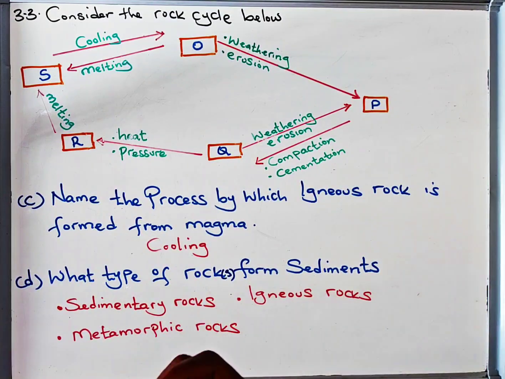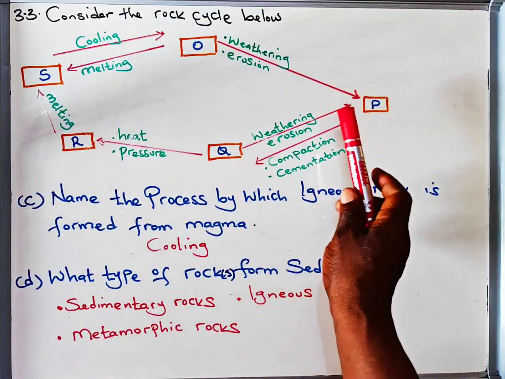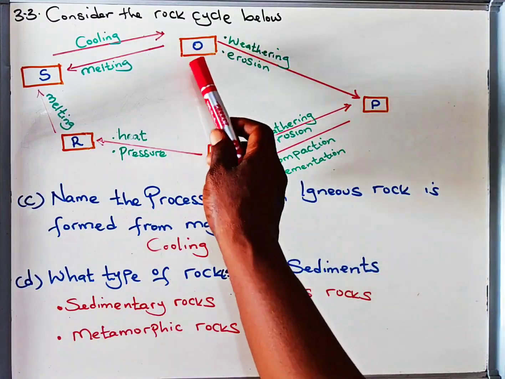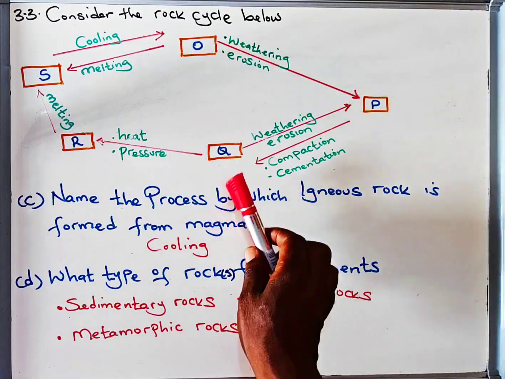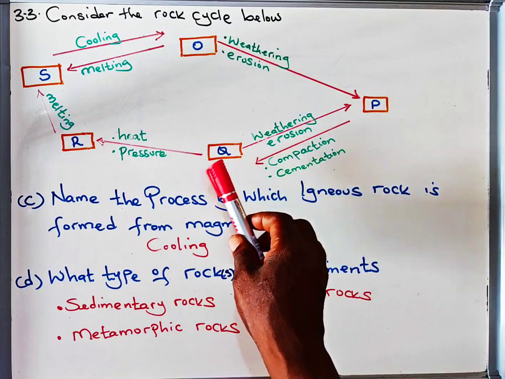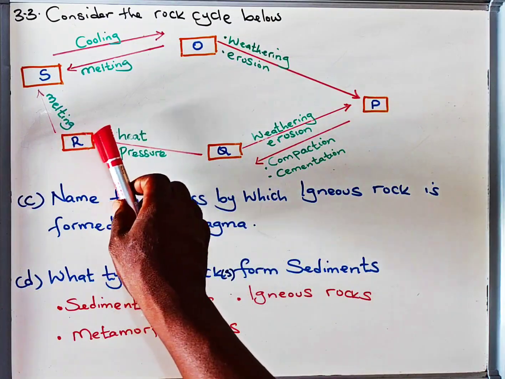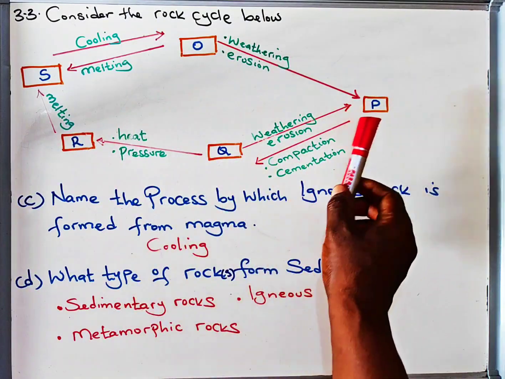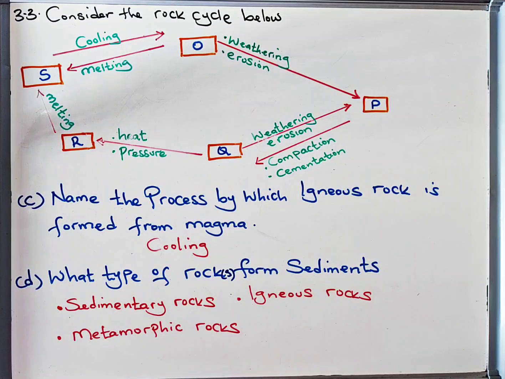When you look at the cycle, it's somewhat confusing because here we are looking at only igneous and sedimentary, but even metamorphic rock can be eroded and it forms sediments.